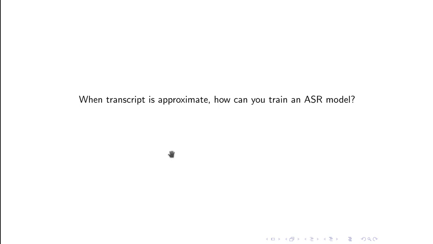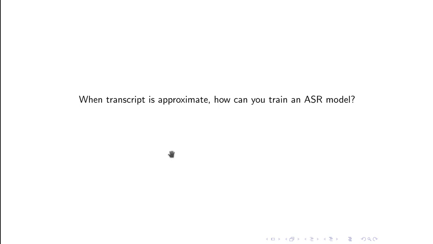If you're building any app or any system which requires speech recognition and you want to train your own speech recognition models, chances are very high that for your particular accent and dialect and domain, you might have approximately matching transcripts.